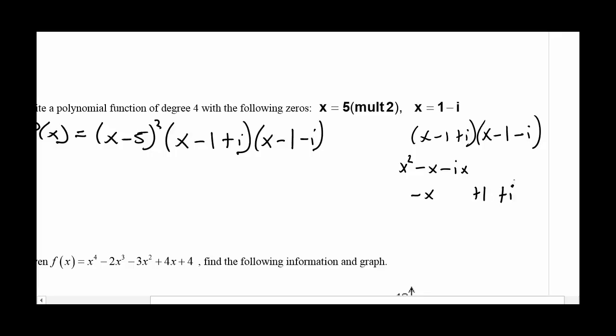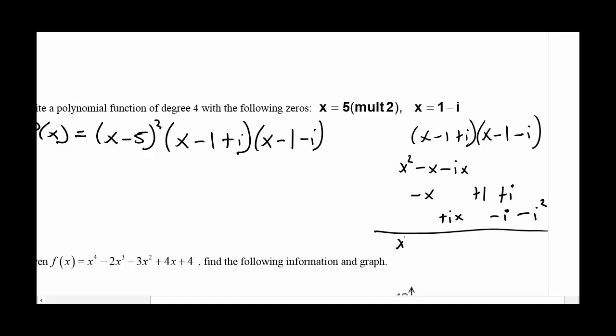Now notice I've sort of lined up like terms and I've left space for things that aren't alike. Brings us to our last thing here, i times x, so that's plus ix. i times -1 is negative i, and plus i times negative i is minus i squared.